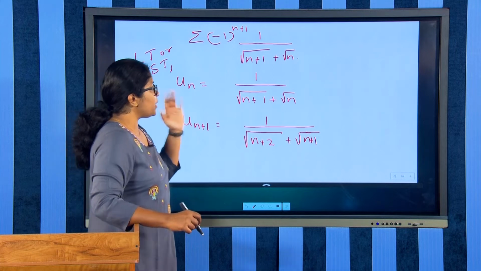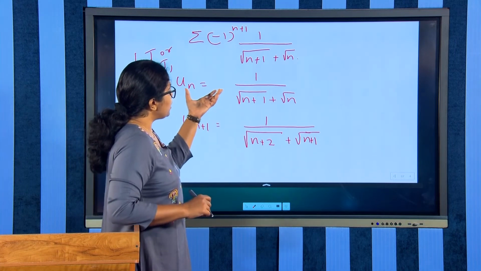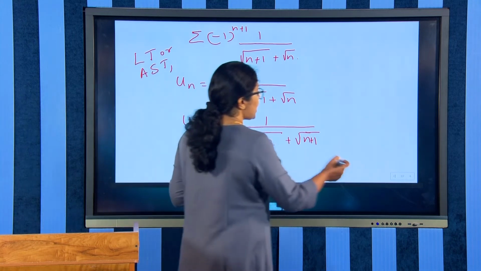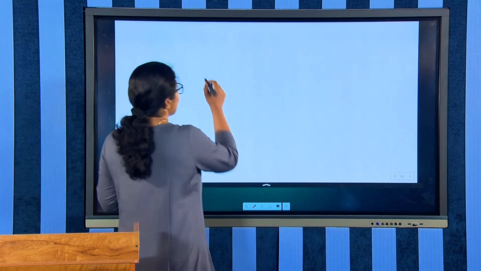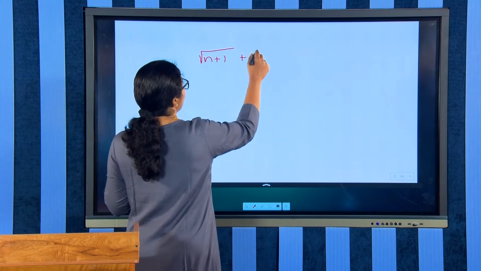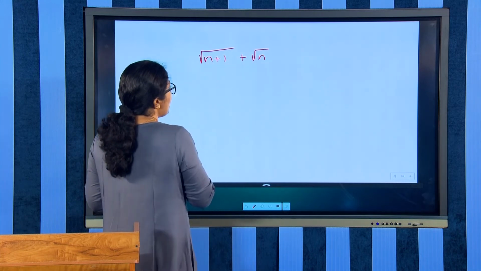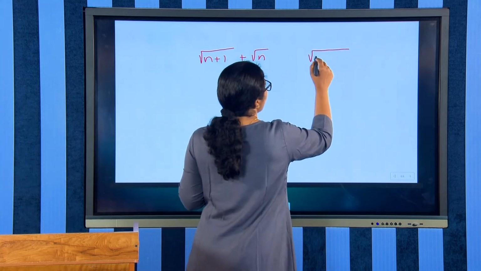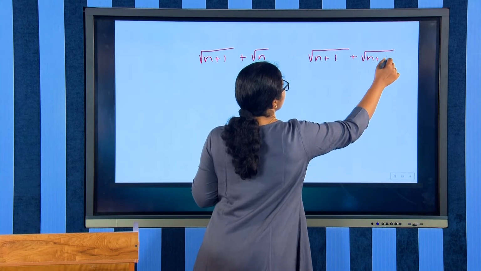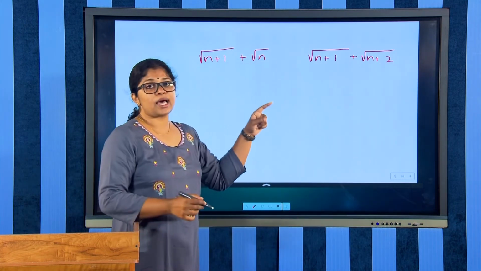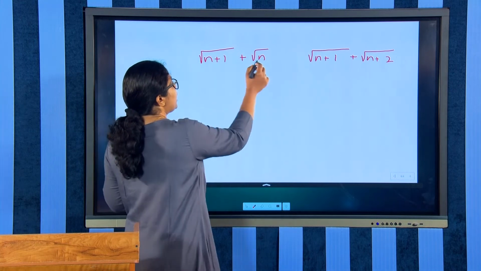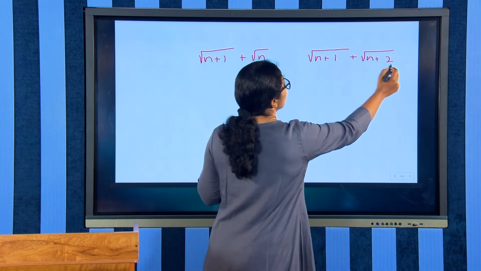So, obviously, we can see from the terms itself, when you take the denominators, one denominator is square root of n plus 1 added with square root of n, and the other denominator is square root of n plus 1 added with square root of n plus 2. So, which of these is larger? For any natural number we know root of n is much lesser than root of n plus 2.